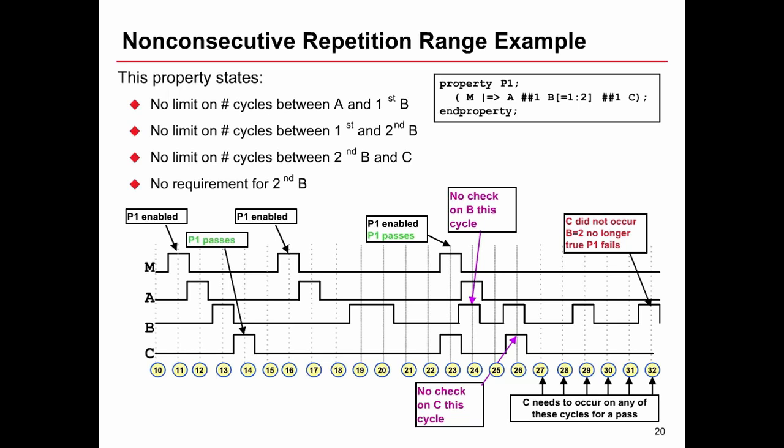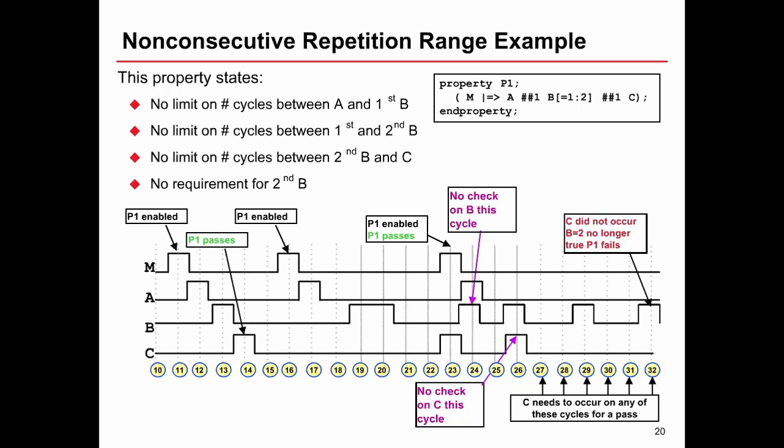As we've learned, this means there is no limit on the number of cycles between A occurring and the first B. There's no limit on the number of cycles between the first and second B, and because it's non-consecutive repetition, there is no limit on the number of cycles between the second B and C occurring.